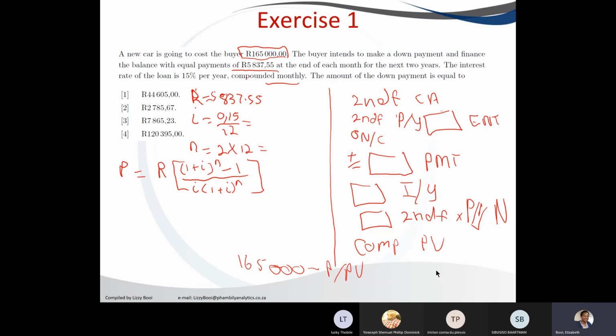So I think yours I will know, but there is one person here I don't know. If they can unmute and talk to us, so we can help, if they don't mind, so that I can understand which calculator they're using.